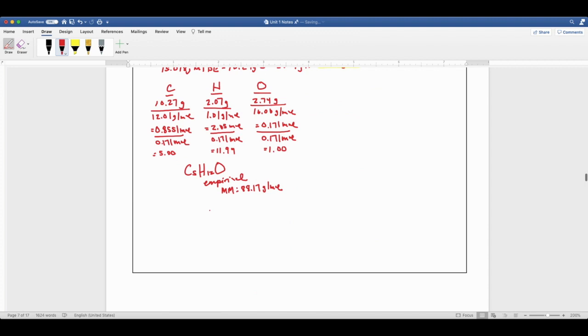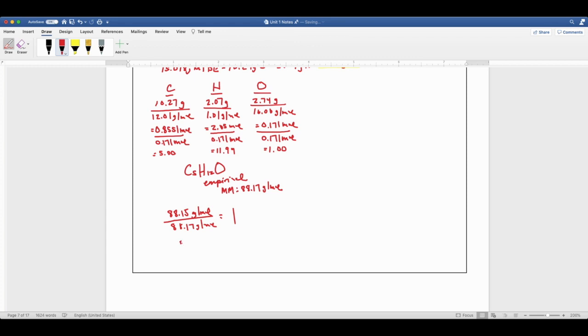So you could show a little work for that if you wanted to, but if I take that 88.15, which is the molar mass of the molecular, divided by this, I practically get 1, right? So you get 1. That must mean that the empirical formula and molecular formula are the same.